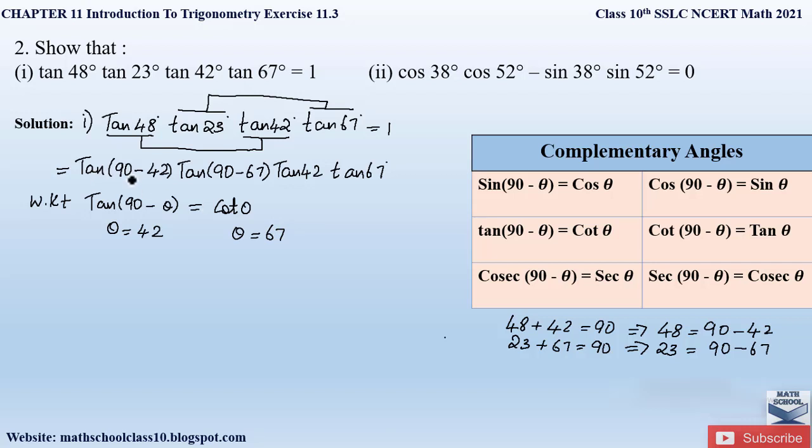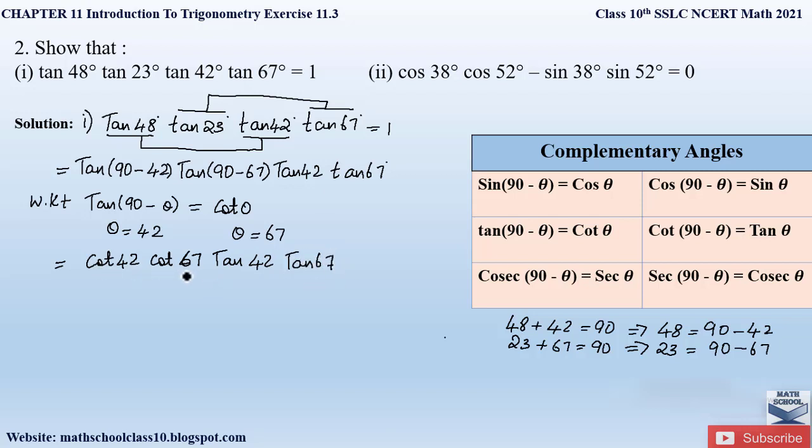So instead of tan 90 minus 42, we write cot 42, and instead of tan 90 minus 67, we write cot 67. So we get cot 42 into cot 67 into tan 42 into tan 67, which are kept as they are.